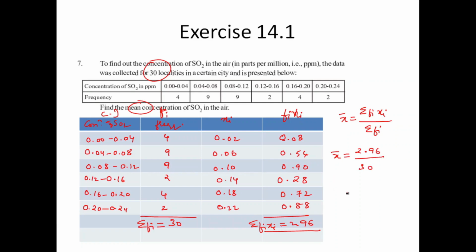When I'm dividing this one out, the answer is 0.0986. So by doing approximation, I can take it as 0.099 ppm. Now, if you want to divide this one out, you can simply do it like this.